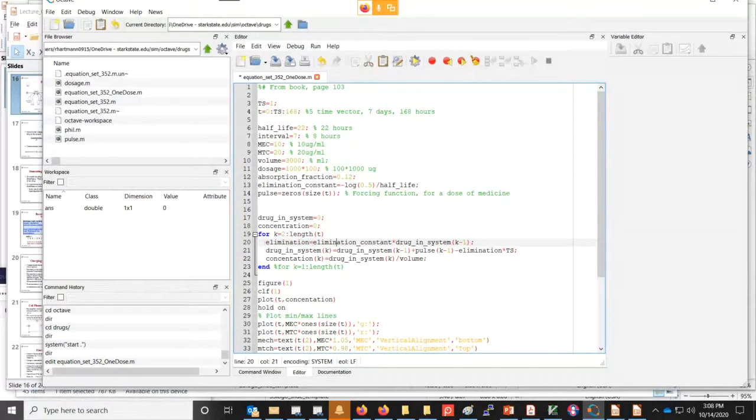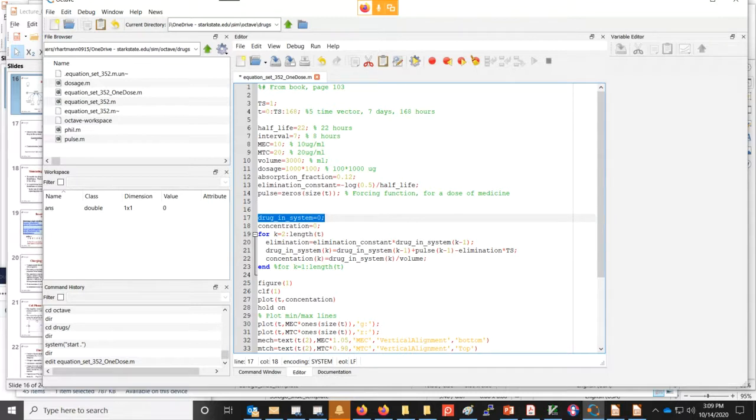The elimination is the elimination constant times how much drug is currently in my body. Currently I haven't taken a pill yet, so I have no drug in my system. I just went to the pharmacy and got the pills. They're sitting on the counter, but they're not in my system. So there's no drug in my system.